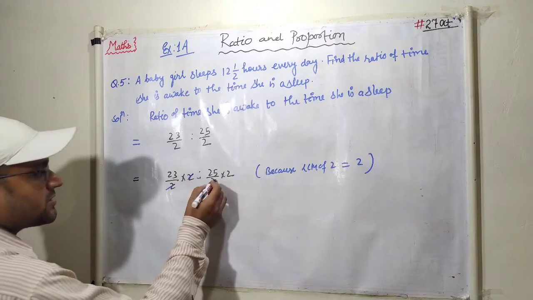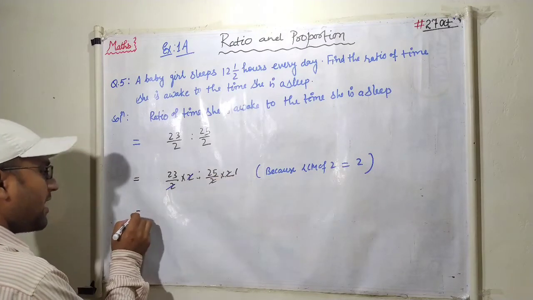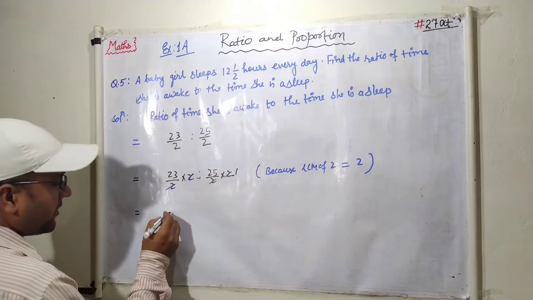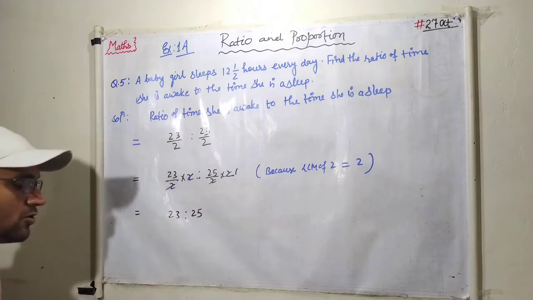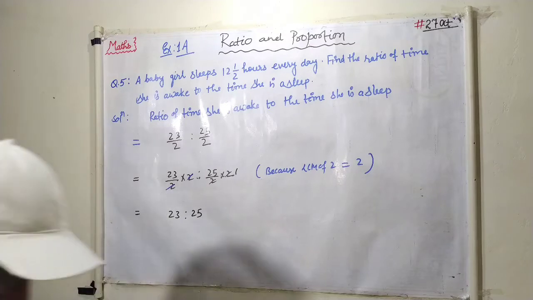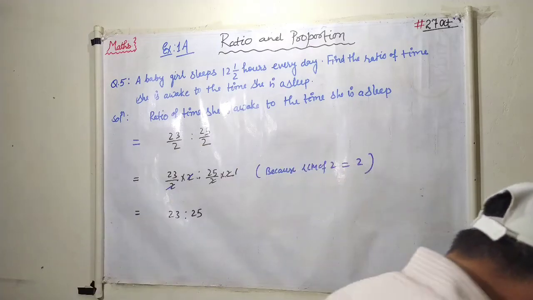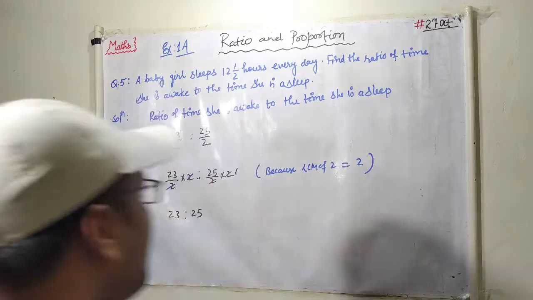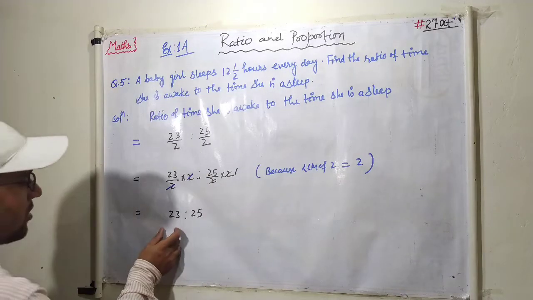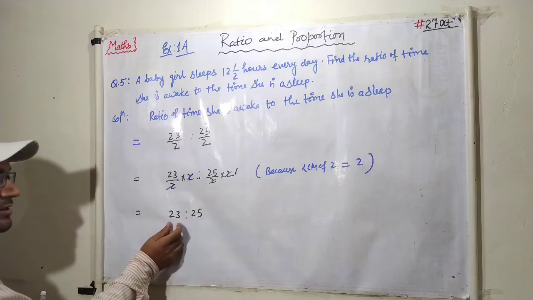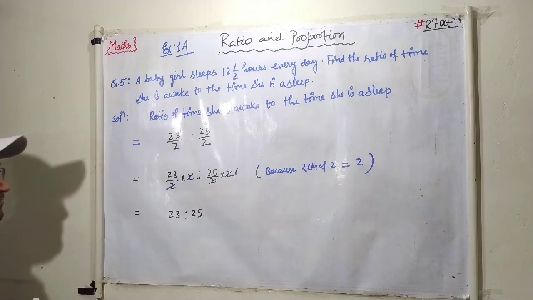If the denominators are equal, you write the numerators as they are, 23 ratio 25. So the ratio of the time she is awake to the time she is asleep is 23 to 25.